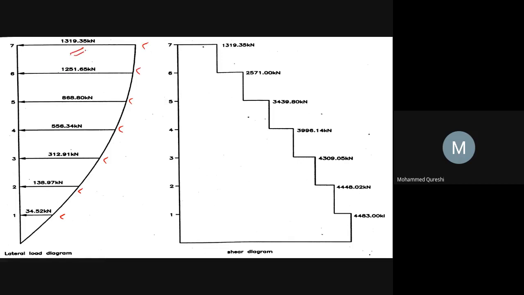All these values are calculated in the previous step, and for the shear diagram from first to terrace floor we have to input all the values that we had calculated in the previous slide.